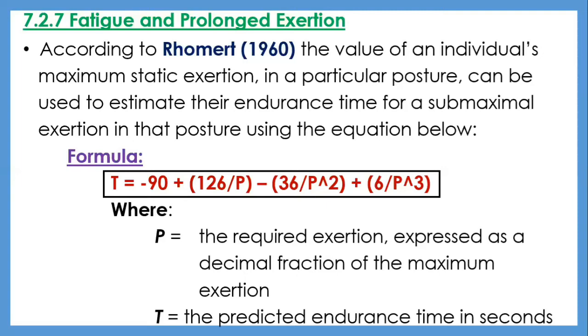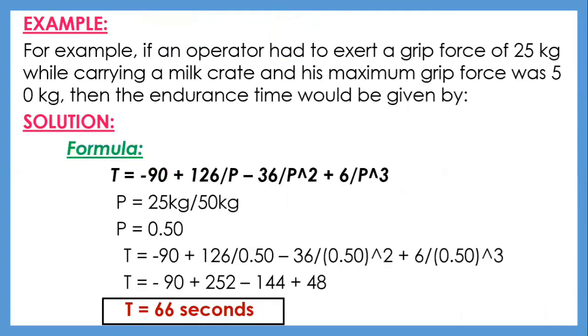Now, in order for us to better understand this, let us have an example. So, for example, if an operator had to exert a grip force of 25 kilograms while carrying a milk crate and his maximum grip force was 50 kilograms, then the endurance time would be given by, using our formula, T equals negative 90 plus 126 over P minus 36 over P squared plus 6 over P cubed.